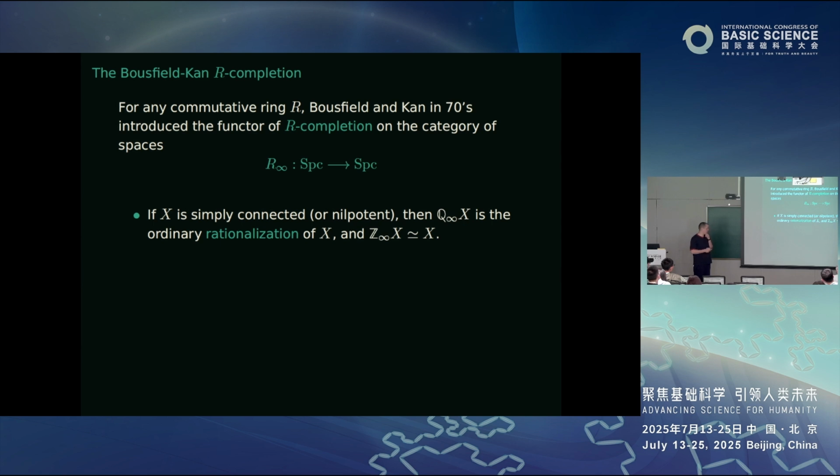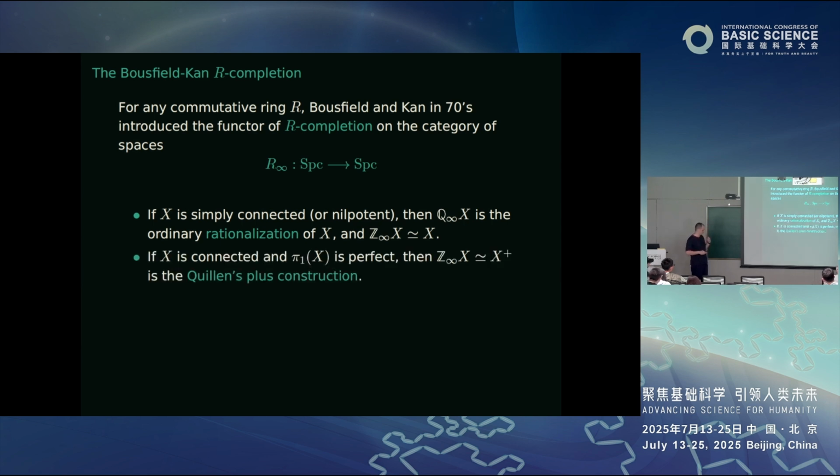It is a tricky functor. For example, if your X is connected, but the fundamental group is a non-trivial perfect group, then this is very non-trivial, and this coincides with the equivalence plus construction associated with the whole perfect fundamental group P. And actually, this can be generalized to some larger class of spaces.